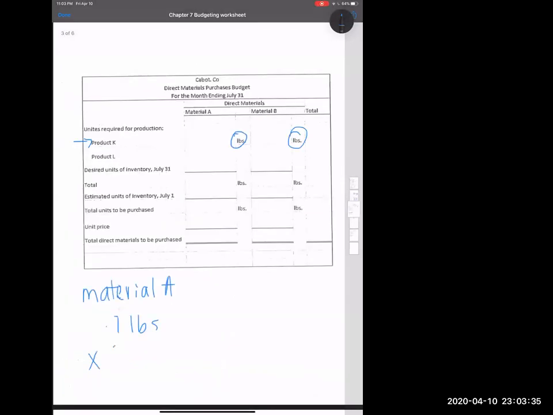So we multiply this times 39,500, and once we do this calculation, we come out with an amount of 27,650. That's what goes here, 27,650.